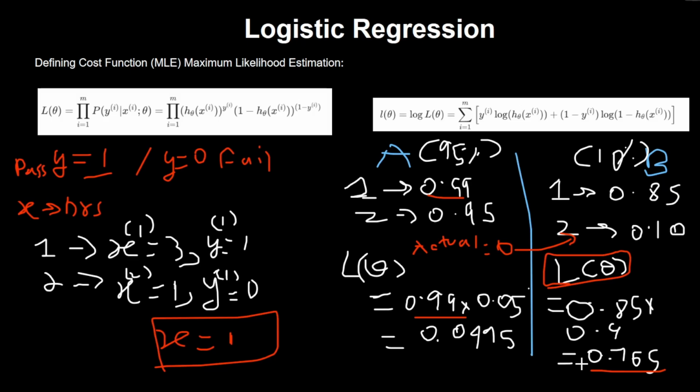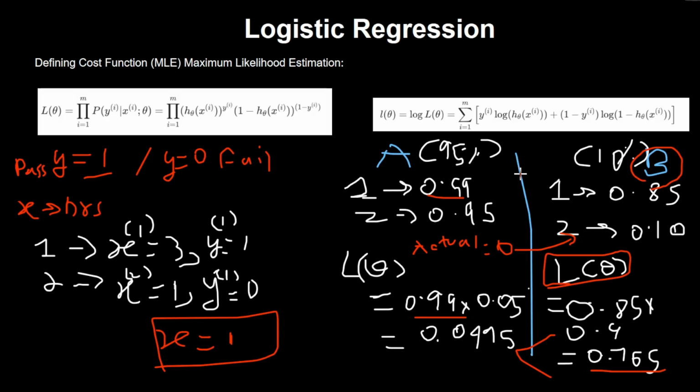The likelihood in scenario B, 0.765, is much higher than scenario A, which is 0.0495. This means that the parameters in scenario B do a much better job of explaining the observed data.